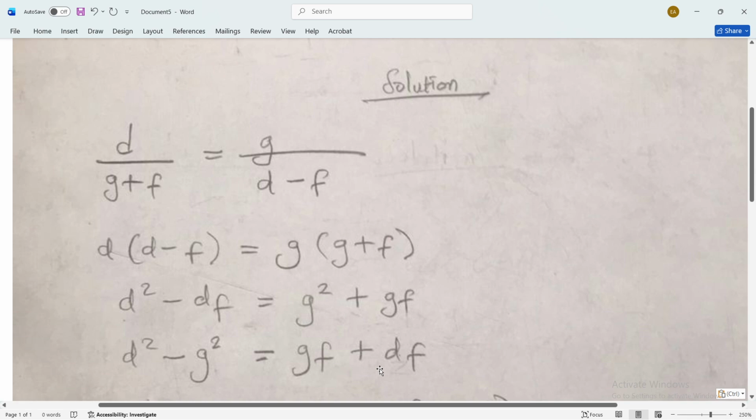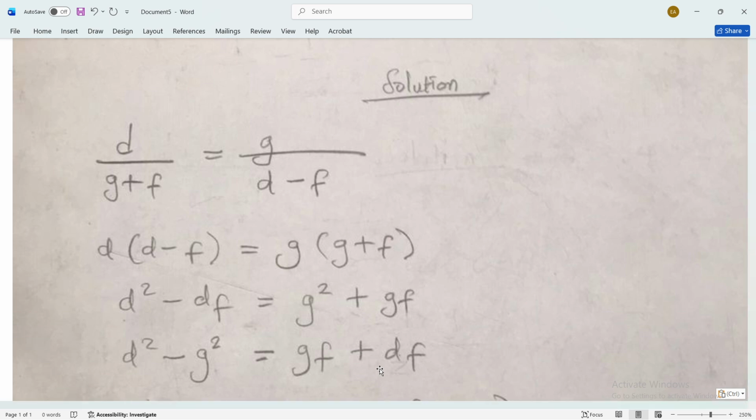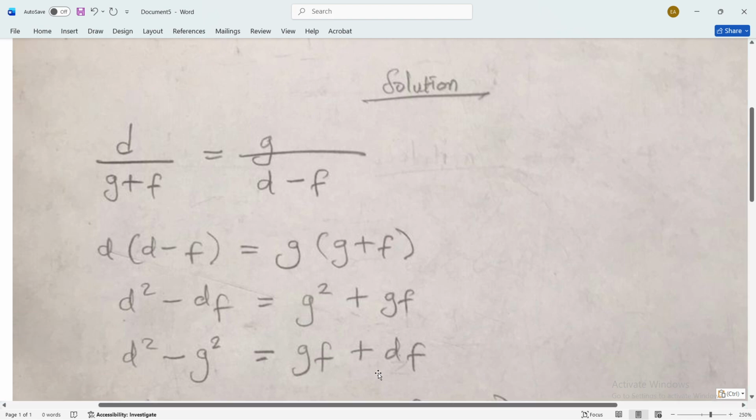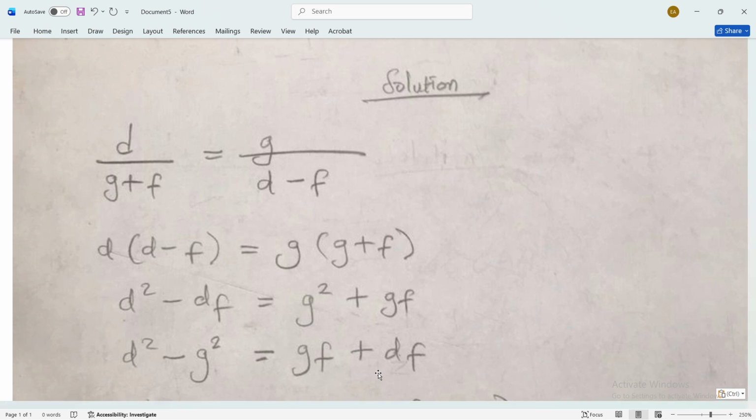So we have our new equation to be d square minus j square equals jf plus df. And based on the preamble of our question, we were tasked to make f the subject of the relations, so that means we have to factor out f.